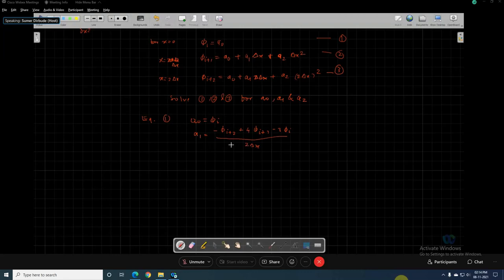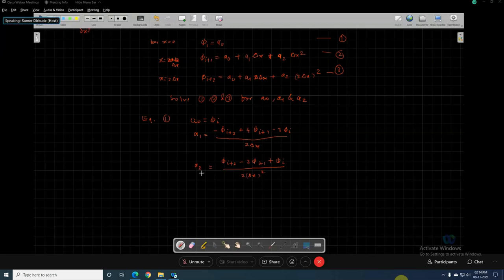And A2, from this again you will obtain as something like phi I plus 2 minus twice phi I plus 1 plus phi I over twice delta x square. You do this at your home and check. So you have to essentially get these constant coefficients A0, A1, A2. Now you got this.